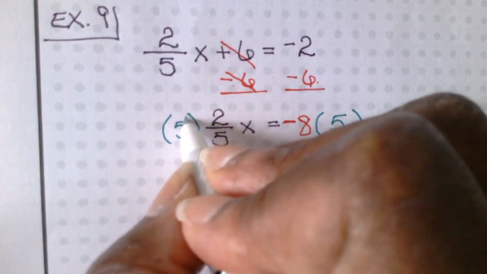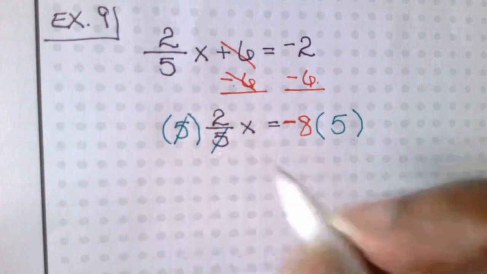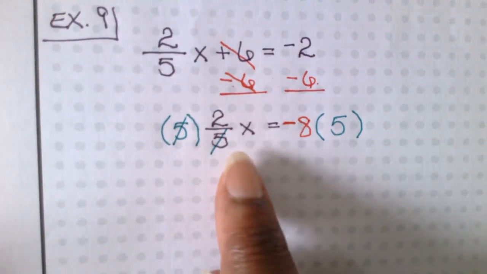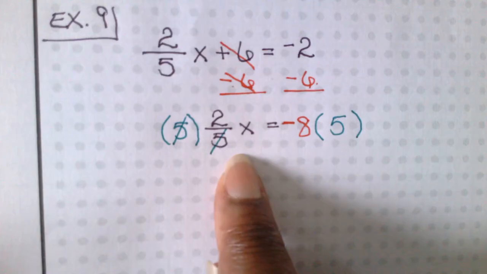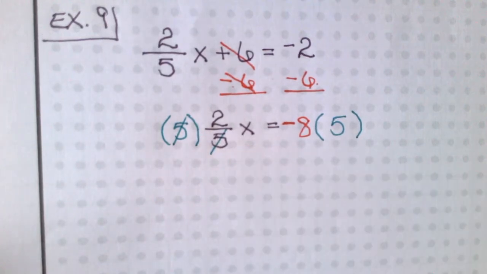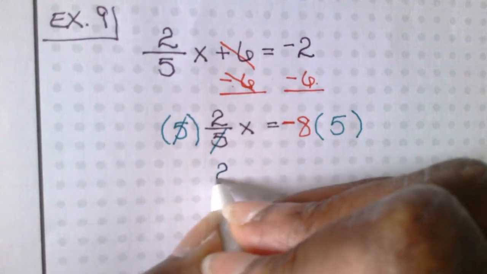So what happens? The 5s will cancel out. But what's left over here? What's left is a 2 and an x. So we can bring down that 2 and the x.